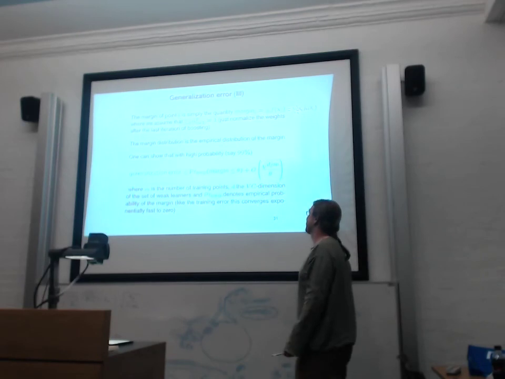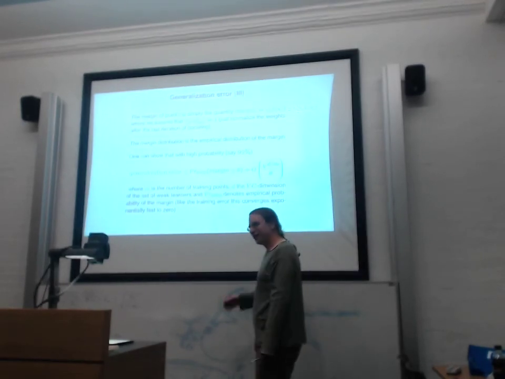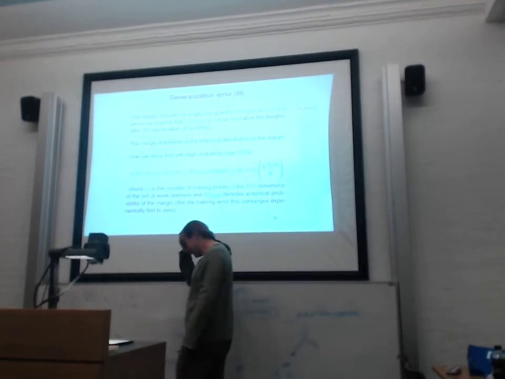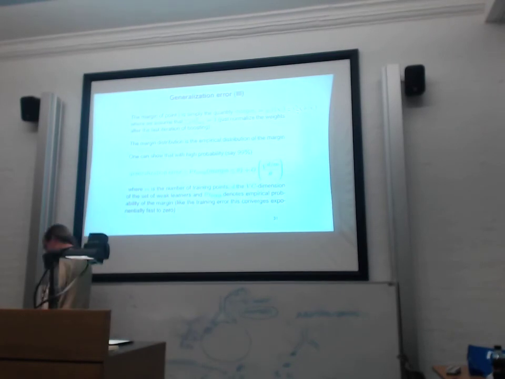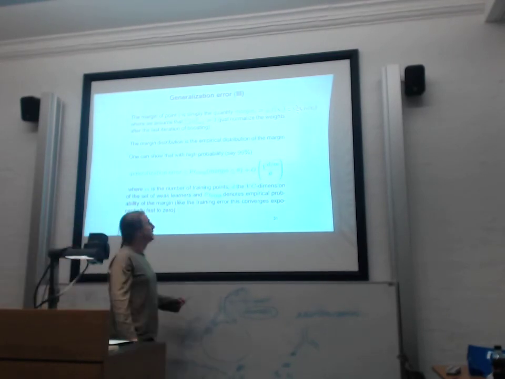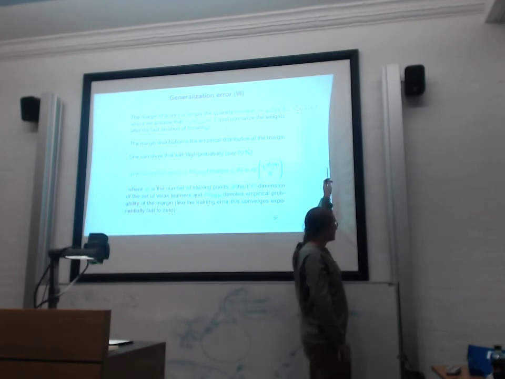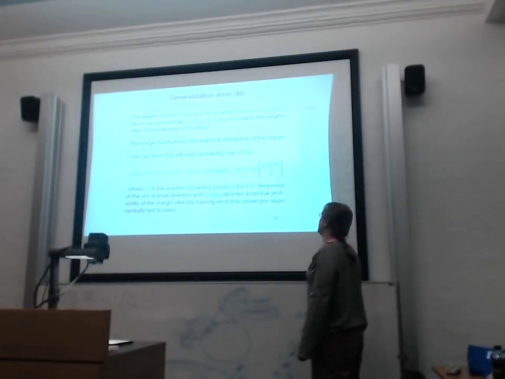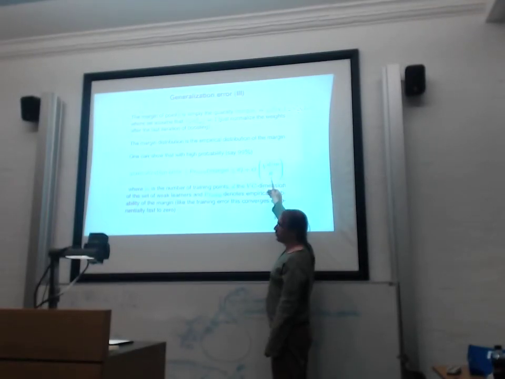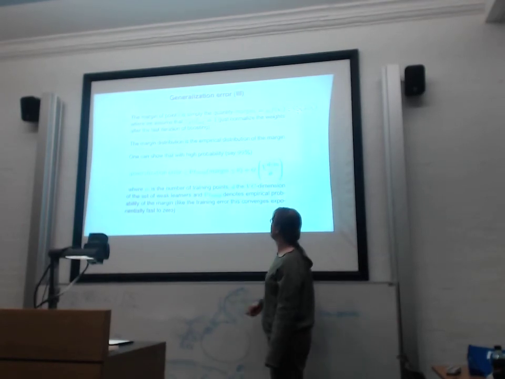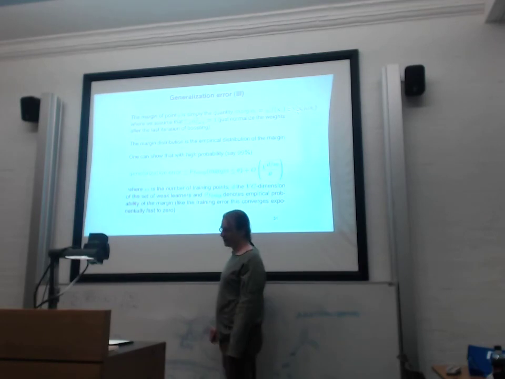So what's the take-home message of that? The take-home message of that is if you have enough data points, your generalization error decreases at a rate of square root of m if you manage to find something with large margins, which you won't have necessarily found.